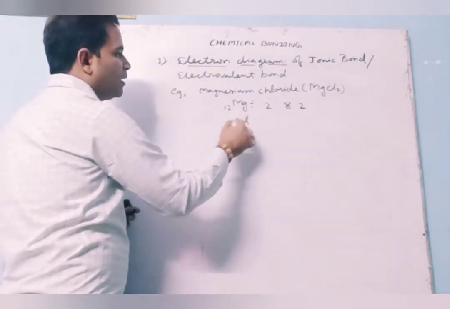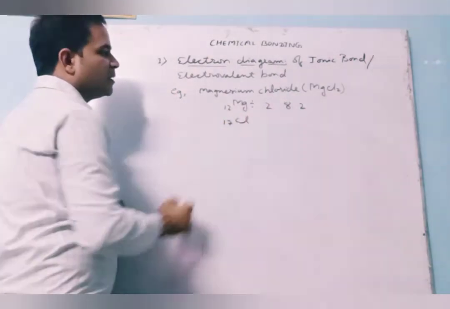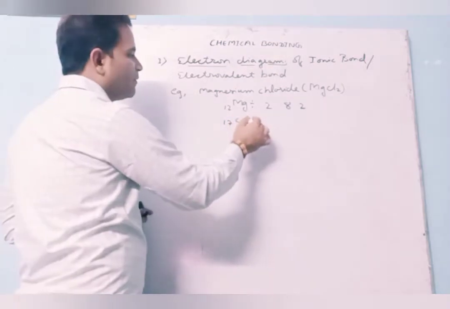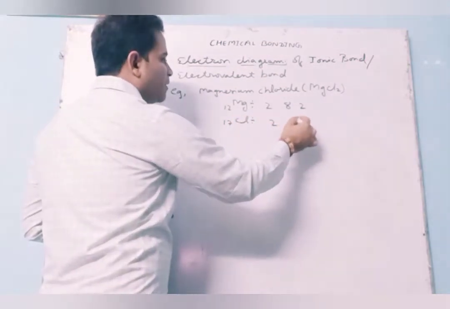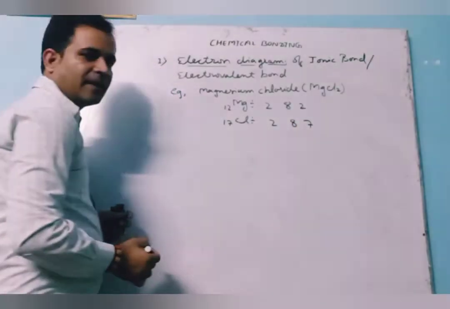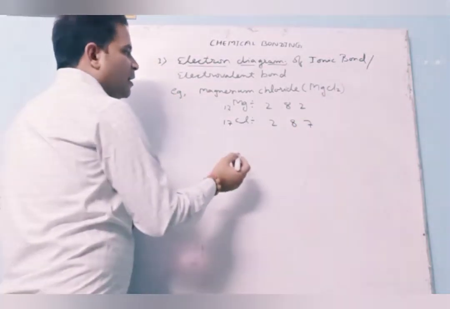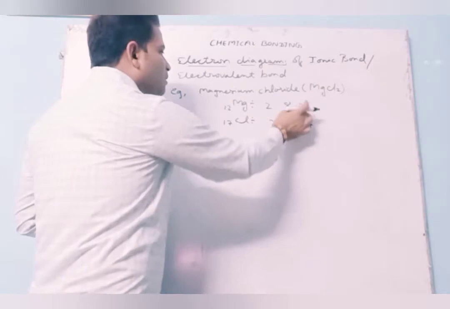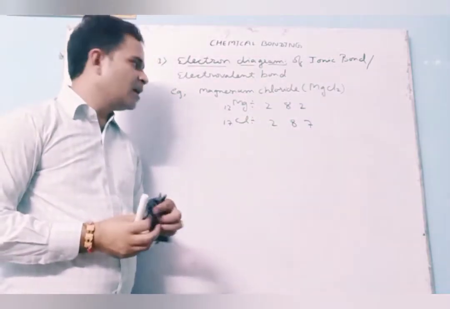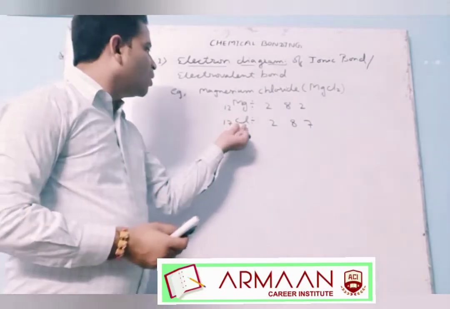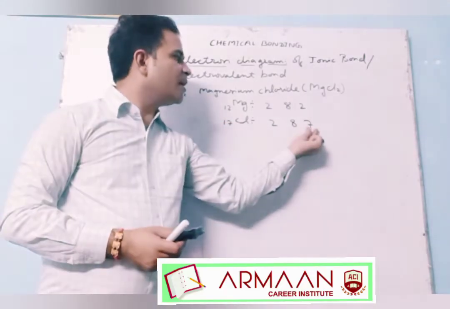And in chlorine, the atomic number is 17. So how do we write its electronic configuration here? 2, 8, 7. See, here are the 2 electrons in the outermost shell of magnesium, and in chlorine how many electrons are there here?